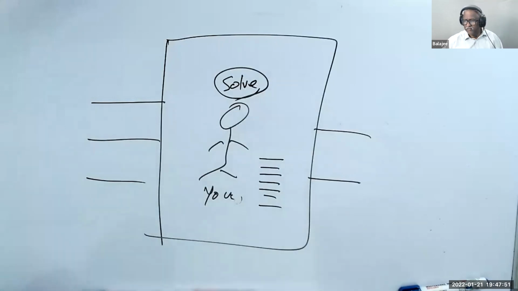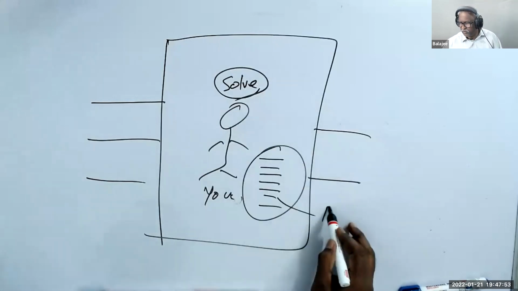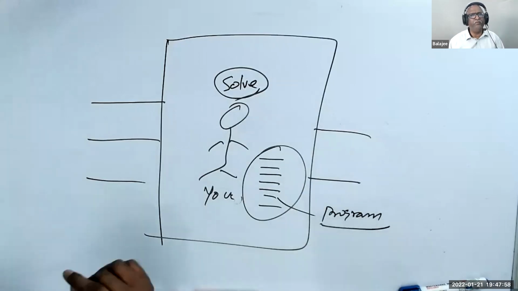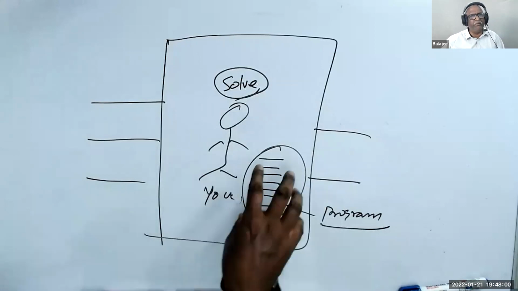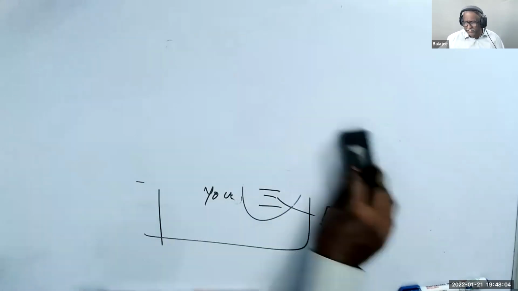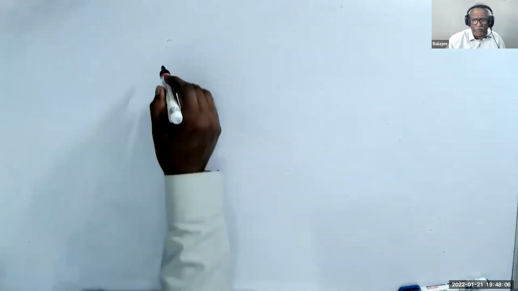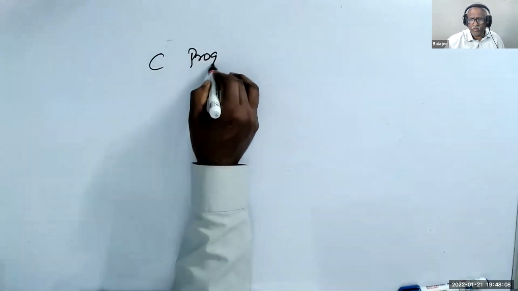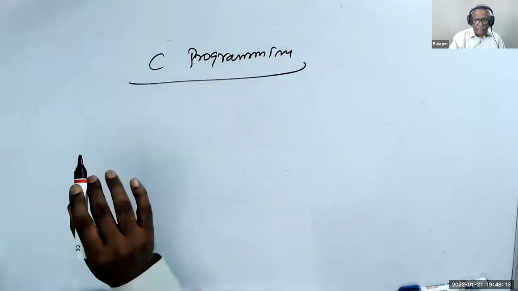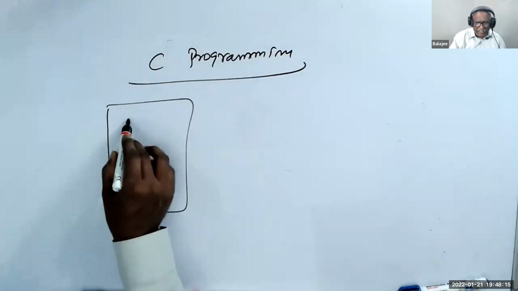That's it. This is called a program. This is nothing but your same C programming. That's why I always request you to practice C programming. While doing C programming, you have to do one thing: you should write the steps in English.